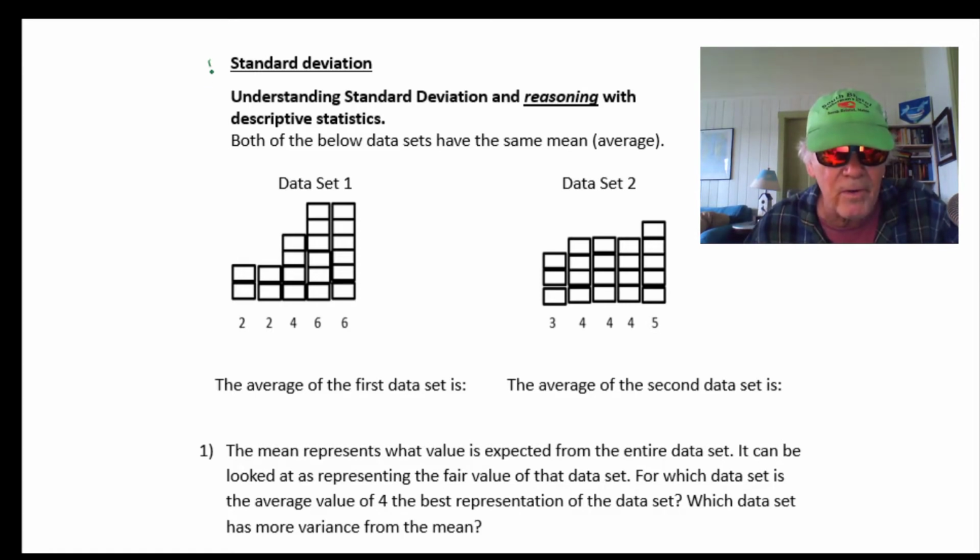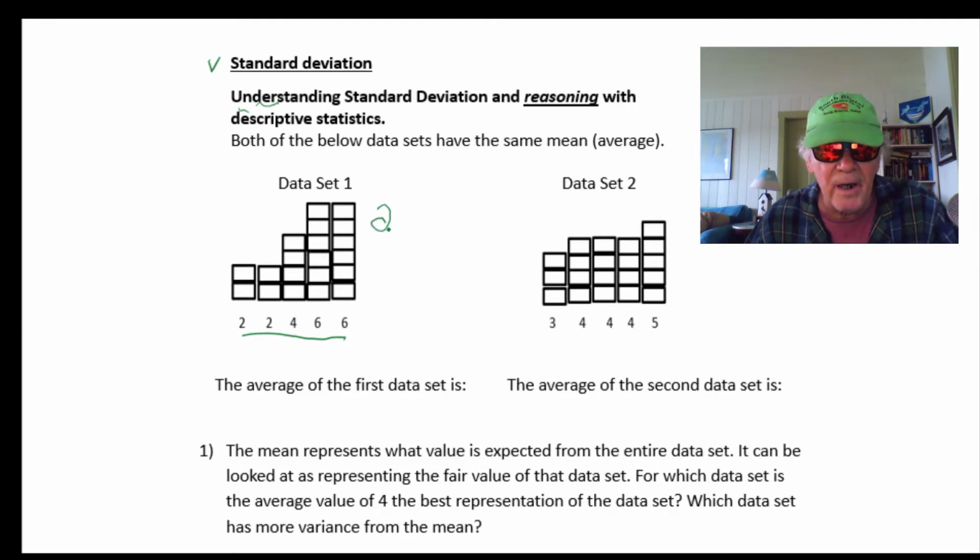All right, standard deviation. We're going to try to understand what it means. We're going to go through it, right? So we have two data sets here. They both have the same average. So let's just find the average here. We know they're the same, so we'll leave it at that.